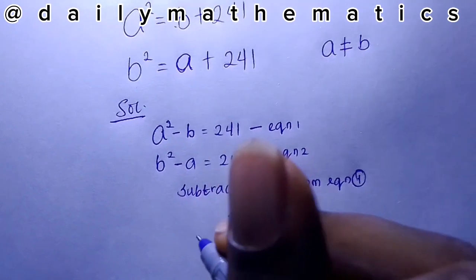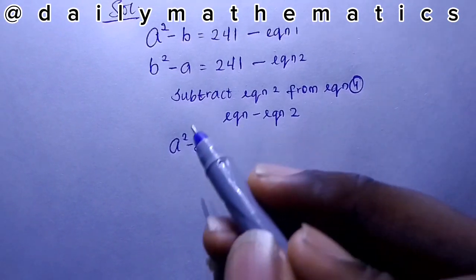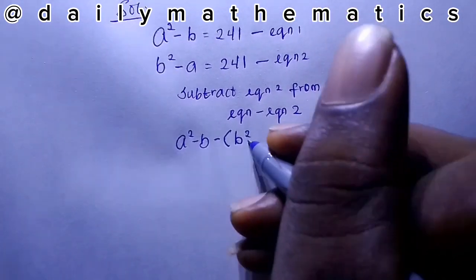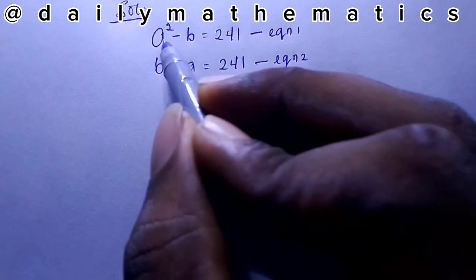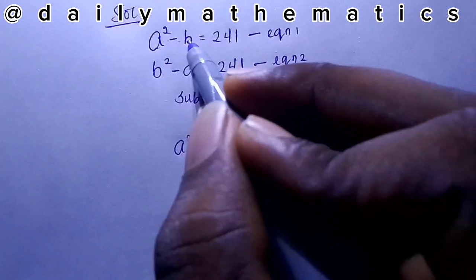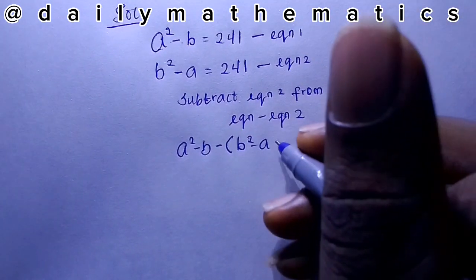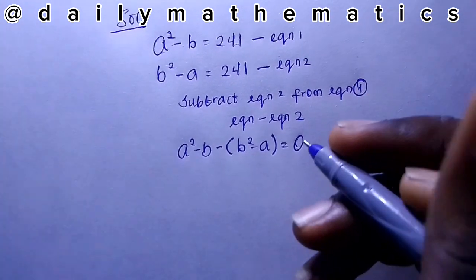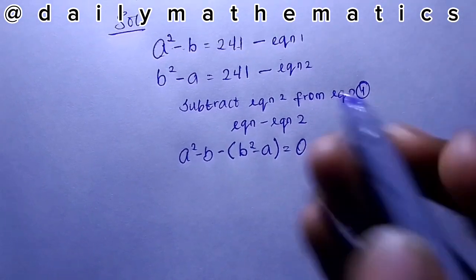So now what are we going to do? That is A squared minus B minus B squared minus A, equation 1 minus equation 2, equals 241 minus 241 equals 0, right? Good. 241 minus 241 is 0.